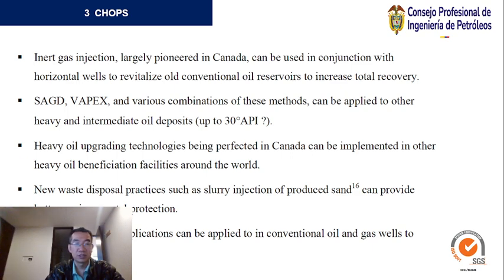New waste disposal practices such as slurry injection of produced sand can provide better environmental protection. Sand management applications can be applied to conventional oil and gas wells to increase production.